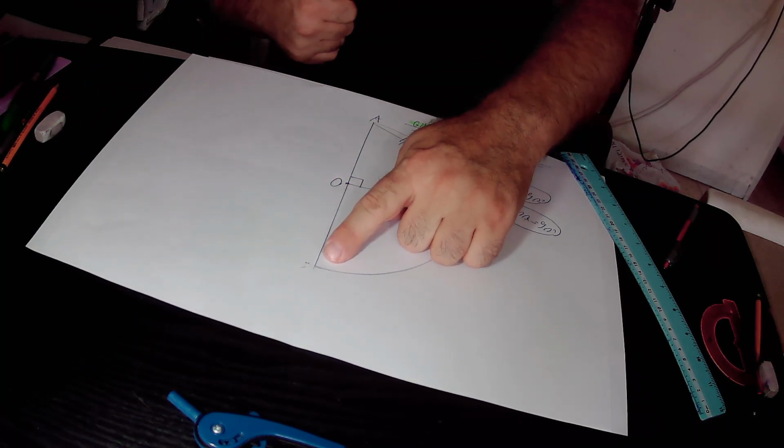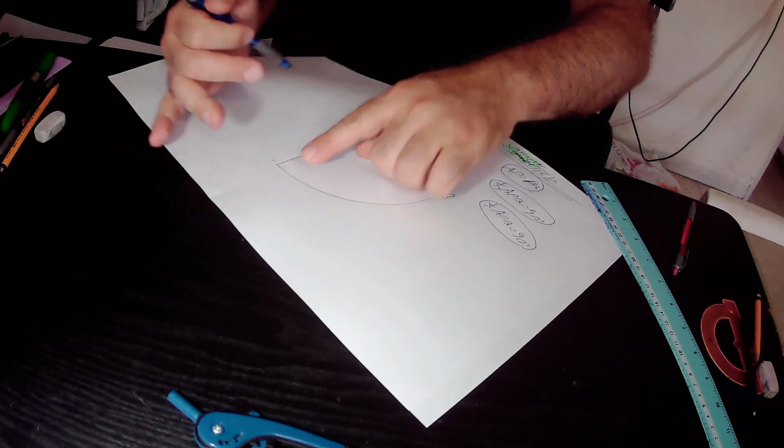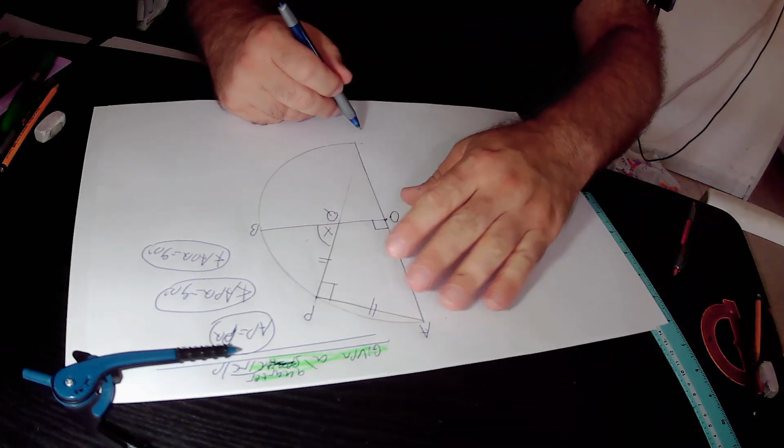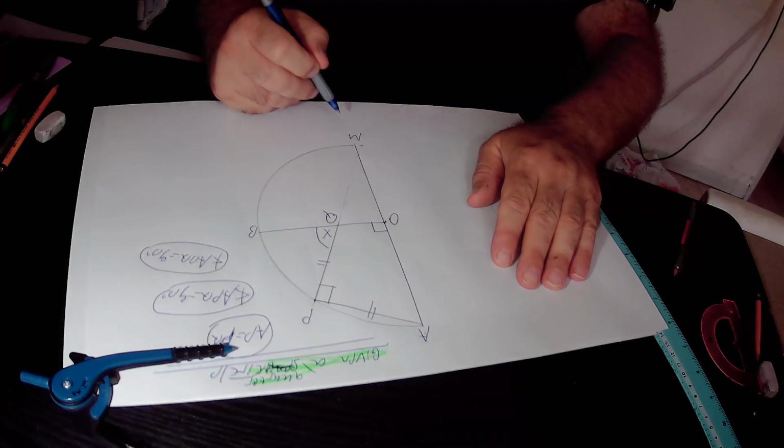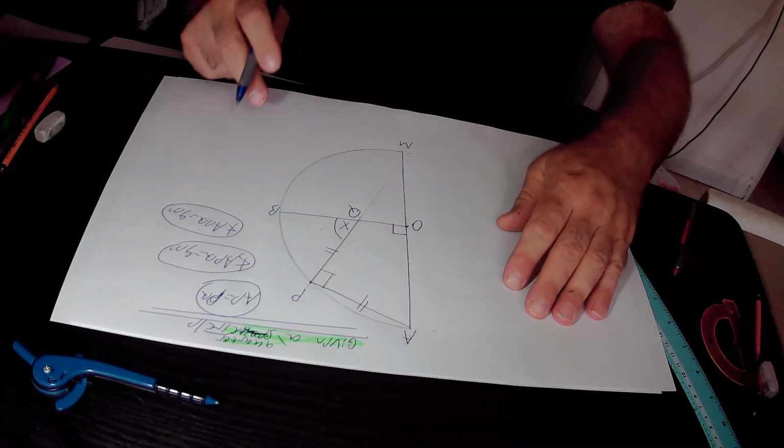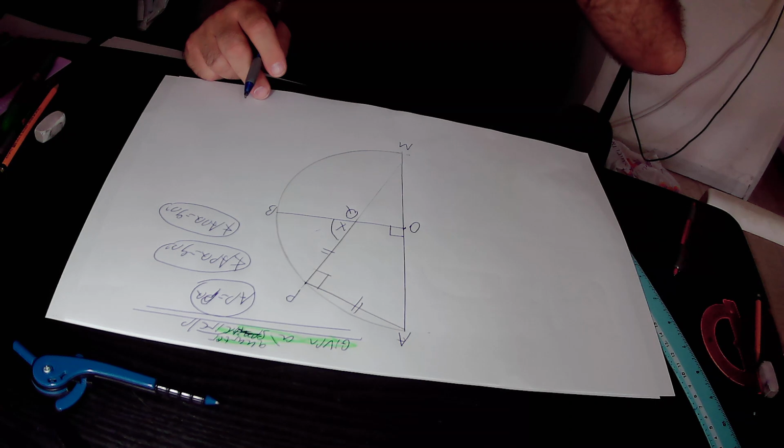We define this point M. So actually, line segment AM is the diameter of this semicircle according to our construction.